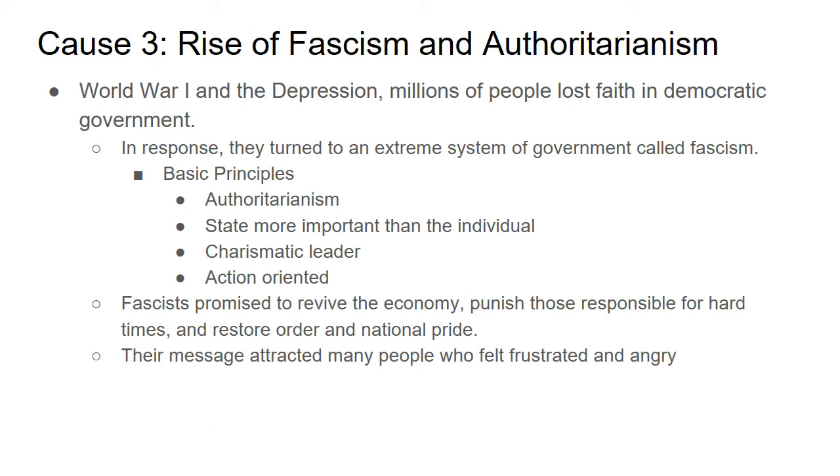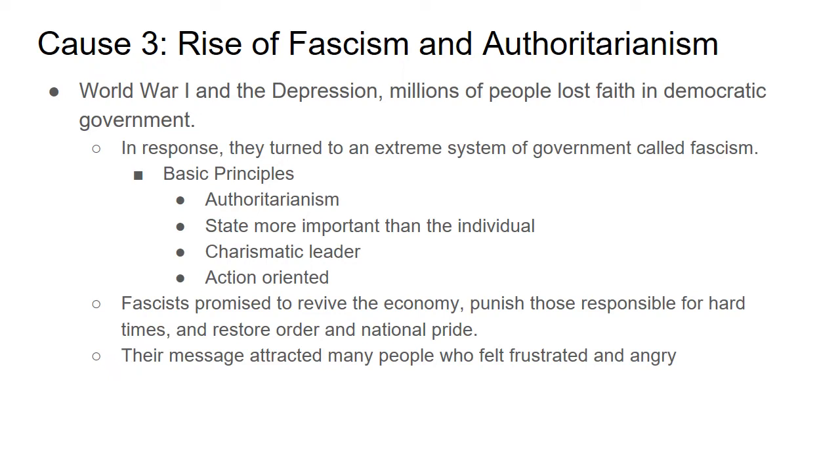This sort of economic downturn becomes a huge opportunity for people to come in and say, we're going to fix these problems. For charismatic leaders to come in and say, the old regime was weak, and that's why we're having the problems that we have now.